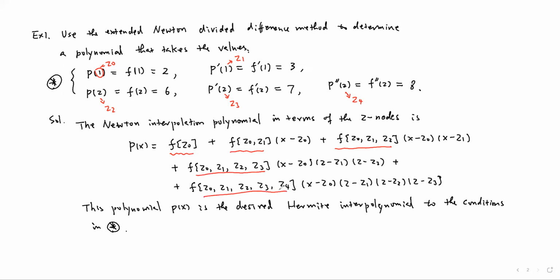This time, I use a divided difference table to determine the coefficients. Let me make the following table. First column, list the nodes C0, C1, C2, C3, C4.